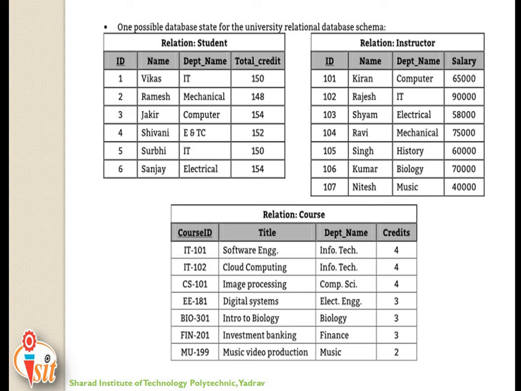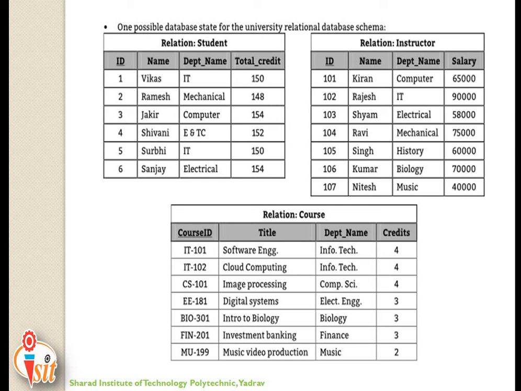Various names are allocated to IDs 1 to 6, like Vikas, Ramesh, Jakir, Shivani, Subhi, Sanjay, and so on. Then department names, to which department the students were allocated, and total credits for that department.